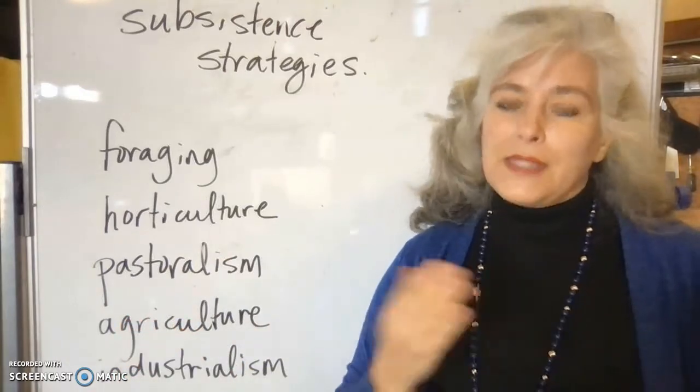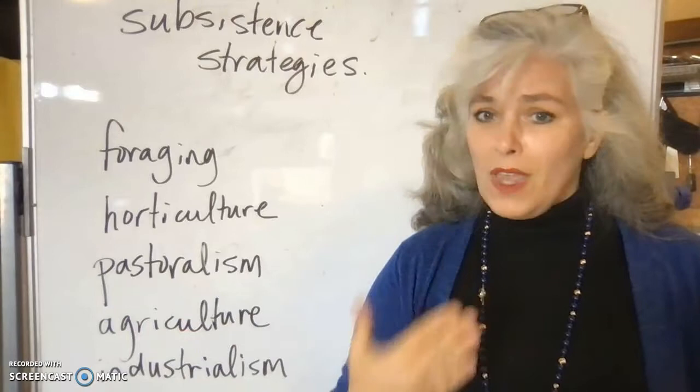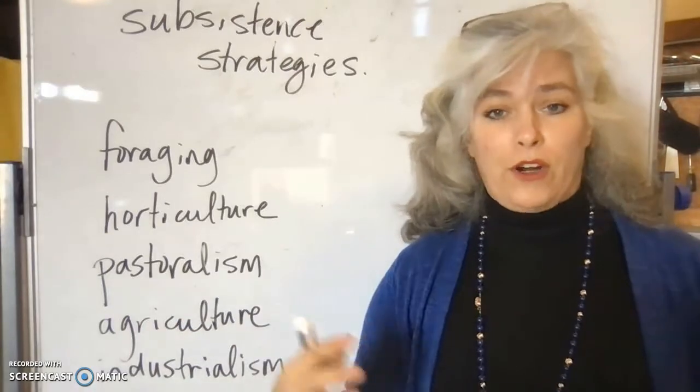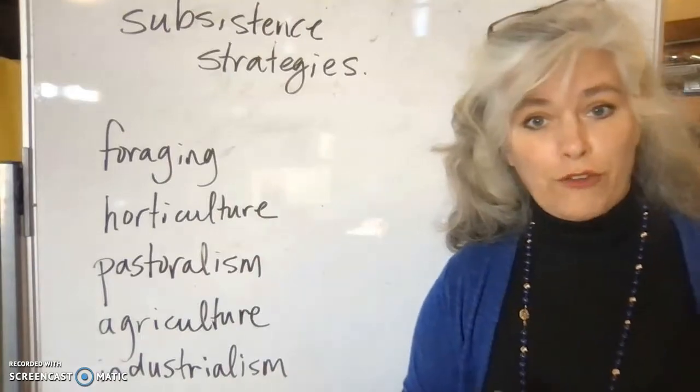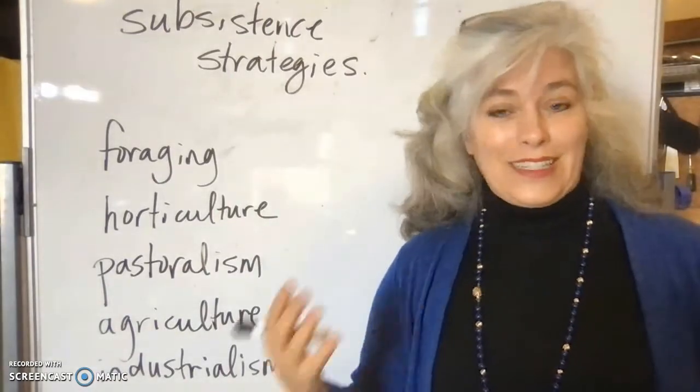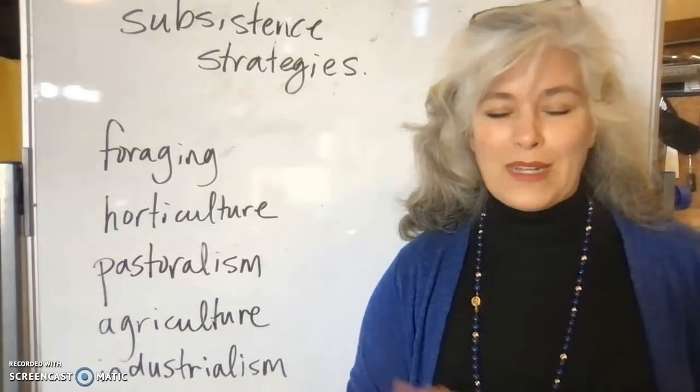So, subsistence strategy includes those two things, and also shelter. How do we interact with our environment in order to provide shelter for ourselves? Some places you don't need necessarily a great deal of shelter in order to survive 12 months out of the year.